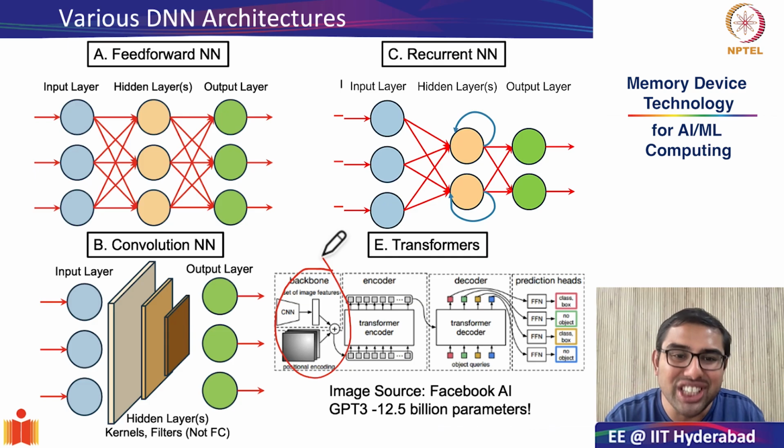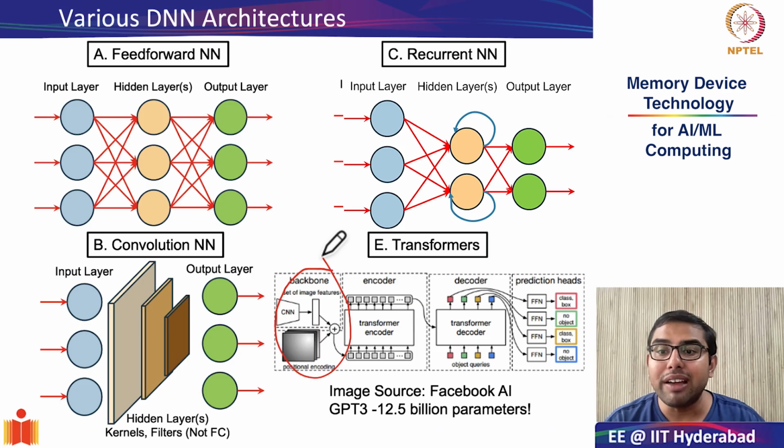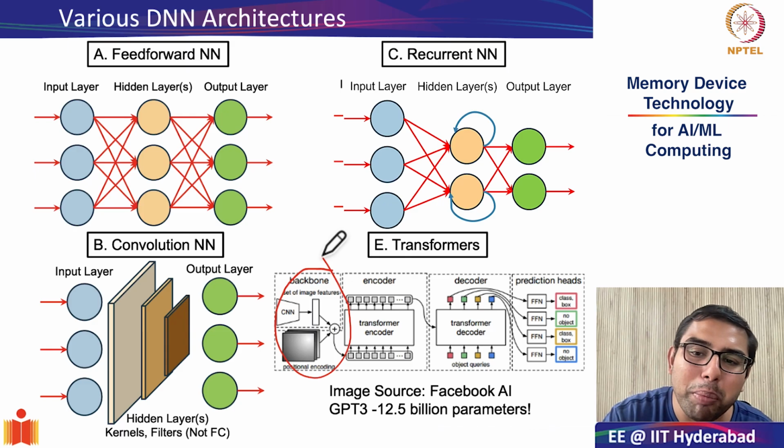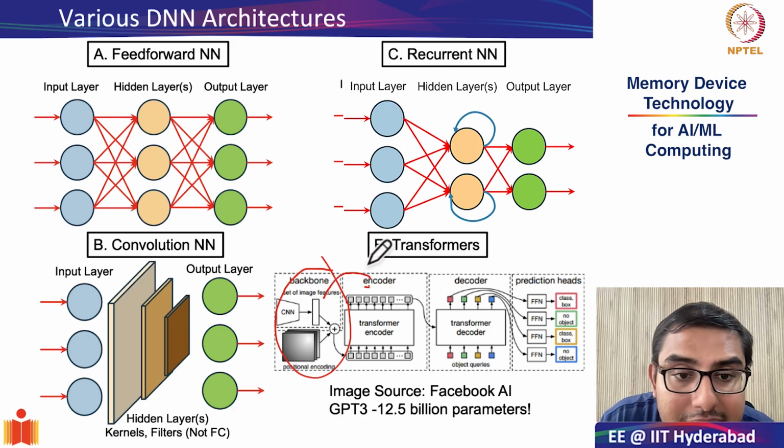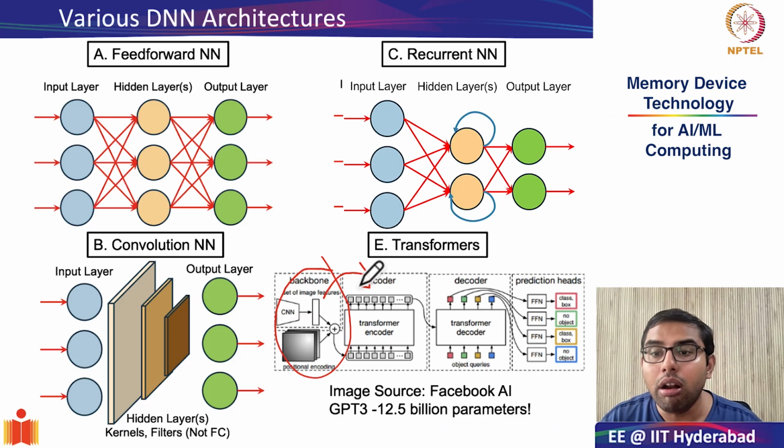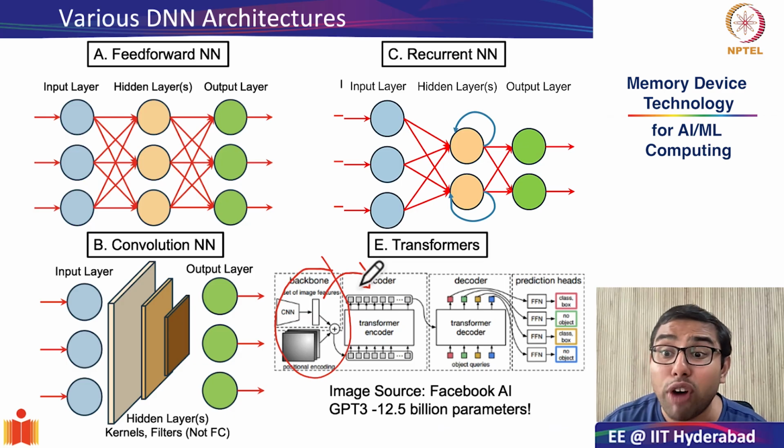If an image is the input, then it is a convolution neural network. To give the network information about where each of the features comes from, it also adds some positional encoding. The next step is that these features are then passed on into the transformer encoder.